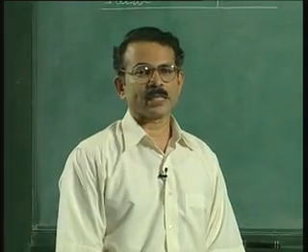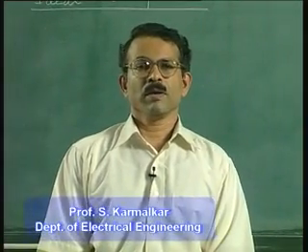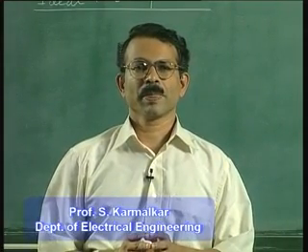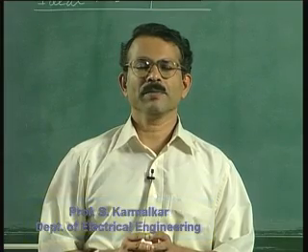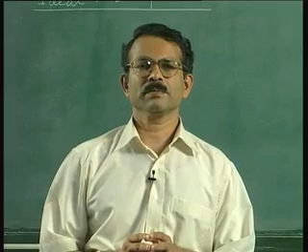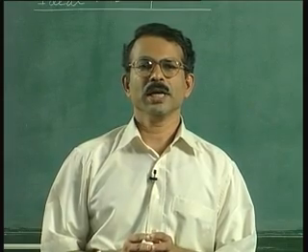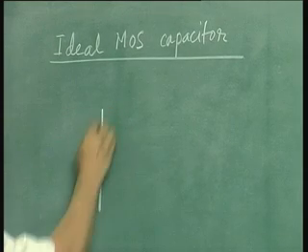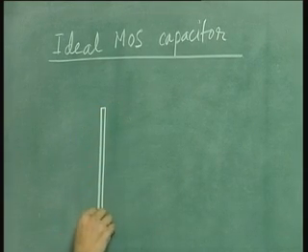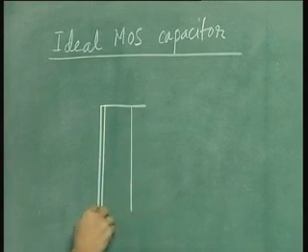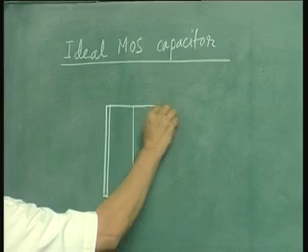In terms of the terminal characteristics, or the link between the charge conditions in the device and the external applied voltage, an ideal MOS capacitor means that when you apply 0 voltage between the metal and the semiconductor, there is no charge in the semiconductor. So let us consider the charge conditions in the device.